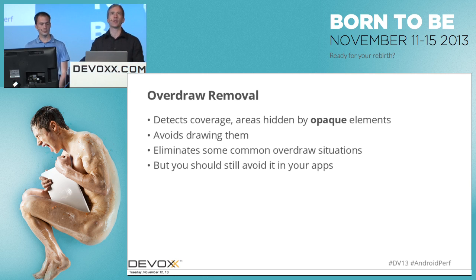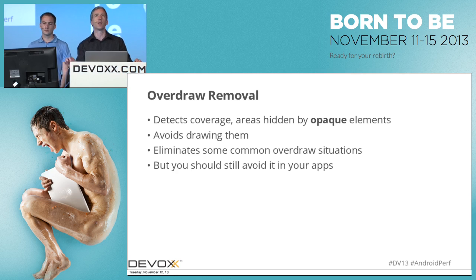So what we do in the display list is detect this case and say, well, this area here is completely covered by this other area, therefore we don't need to draw this one. And it reduces that layer of overdraw. So the typical case of a window background covered by a container background has now just been optimized away for you. You'll see some information about overdraw later. It's something to avoid.